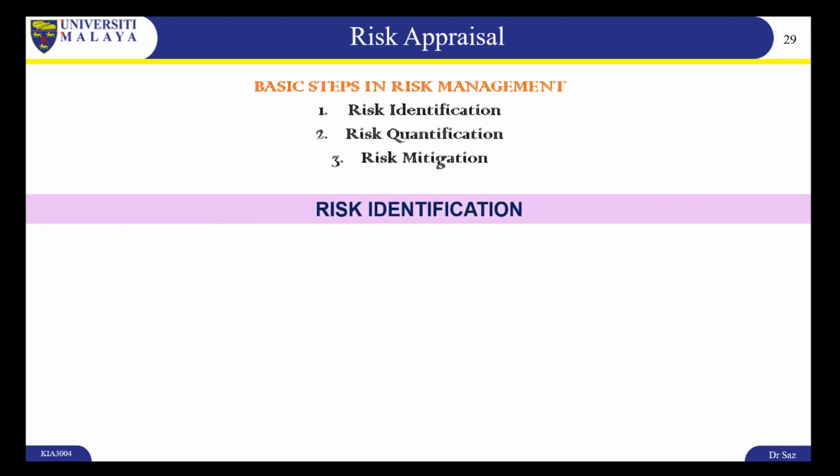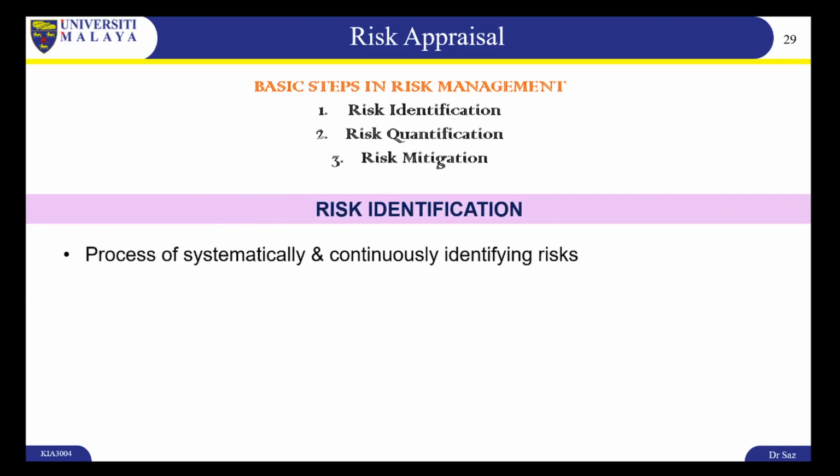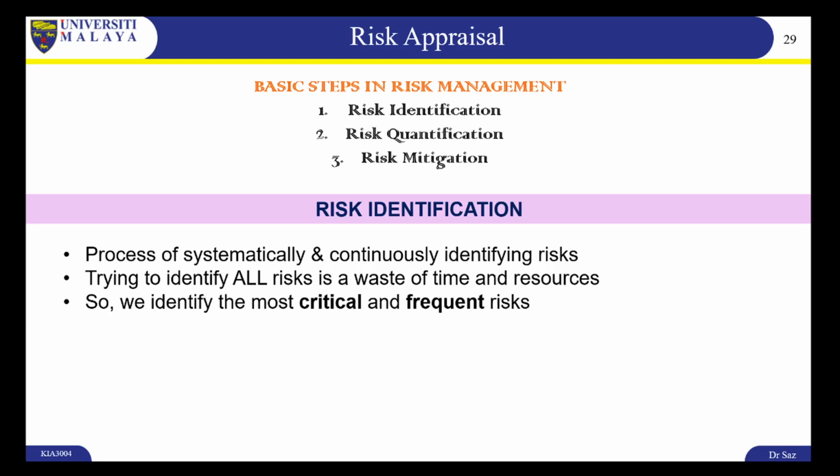Now first, let's look at risk identification. So you need to continuously identify risks. Even once you've done the risk appraisal at the beginning of the project, you need to continue doing it as the project continues, because risks might constantly change. New risks might come. So you need to identify all risks.